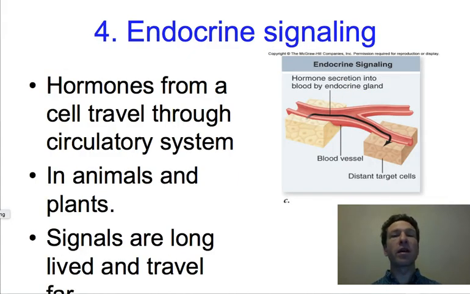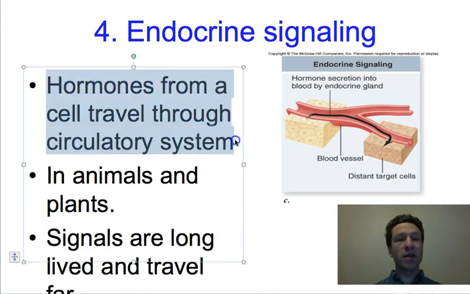Another kind of signaling is endocrine signaling. If paracrine was short-distance signaling and the signals did not last for long, endocrine is the opposite. In endocrine signaling, the signals are going to last for a long period of time, and that means they're going to have opportunity to travel long distances through the organism. In animals especially, this means that the signal is going to travel through a circulatory system.